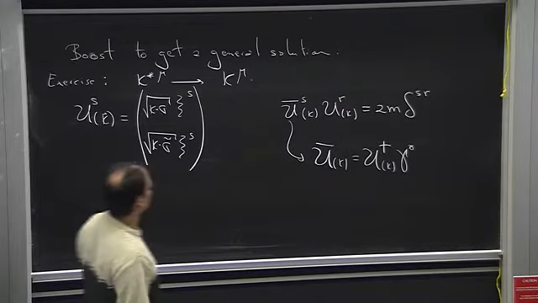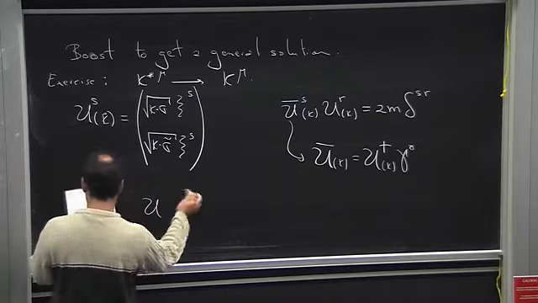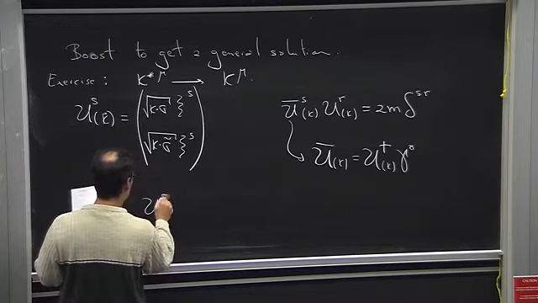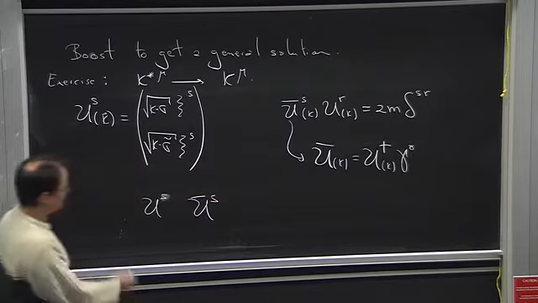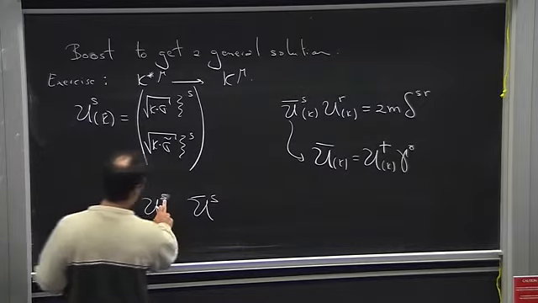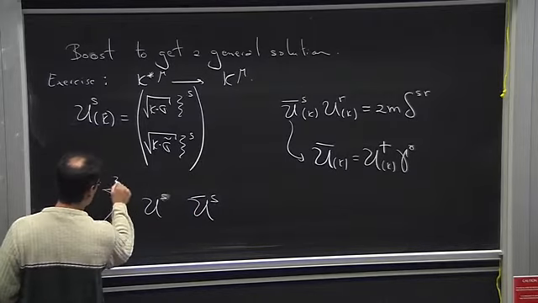So what happens if we actually write this down in the opposite order? Say we put an S, and we put a bar and an S here. So what kind of object do I get? This is now a matrix. So I'm going to sum over S from 1 to 2.